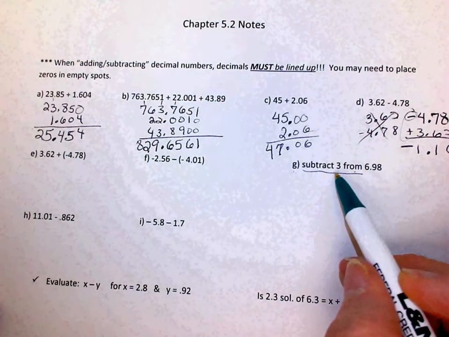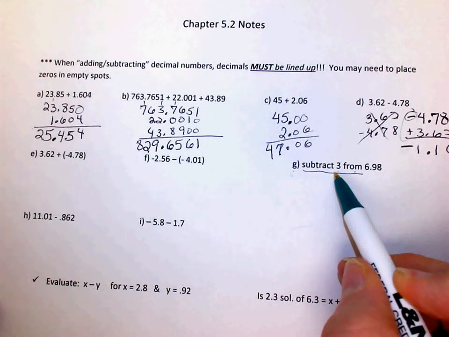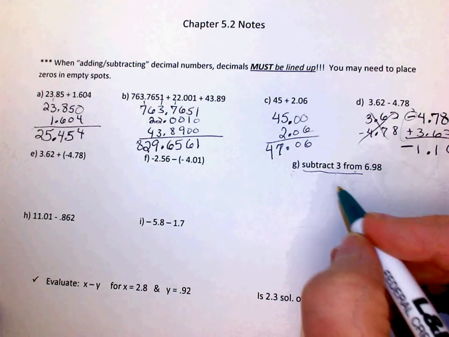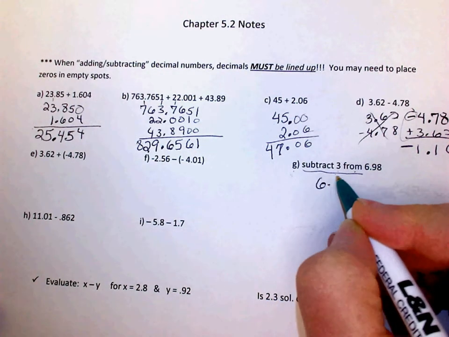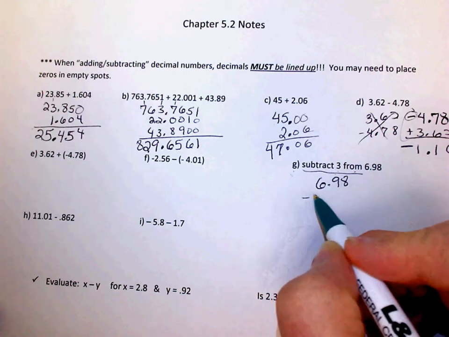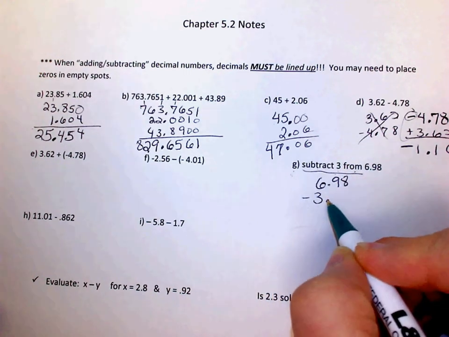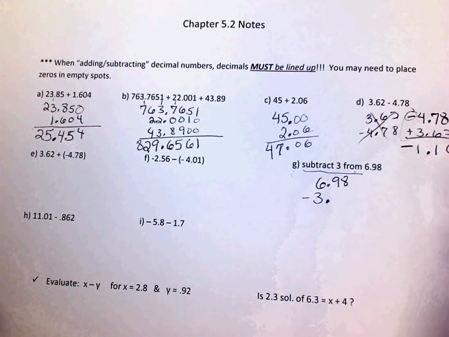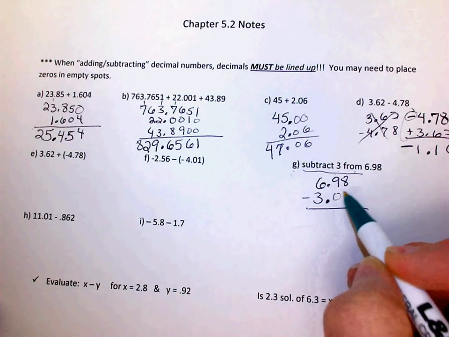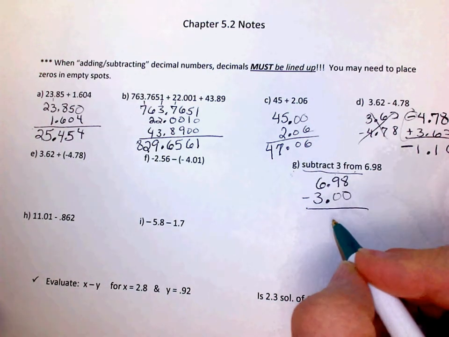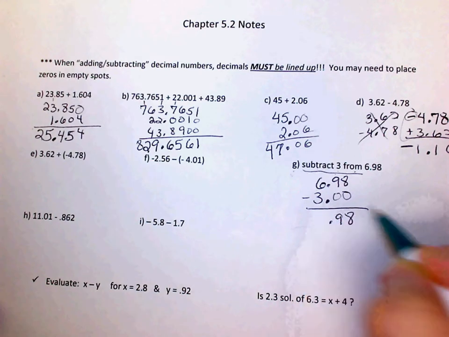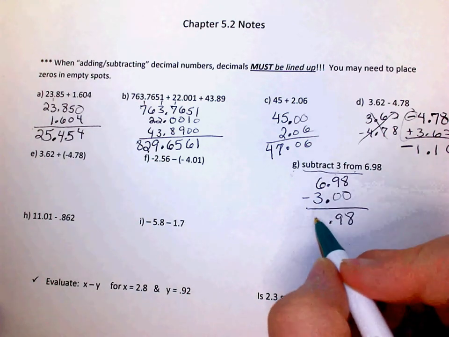These always, always, always and forever will switch places. So I take my 6.98 and then I minus my 3, and again a number that has no decimal, the decimal goes at the end. And you can put the zeros on there. So when I subtract, I get 0.98, and then for my whole number I get 3.